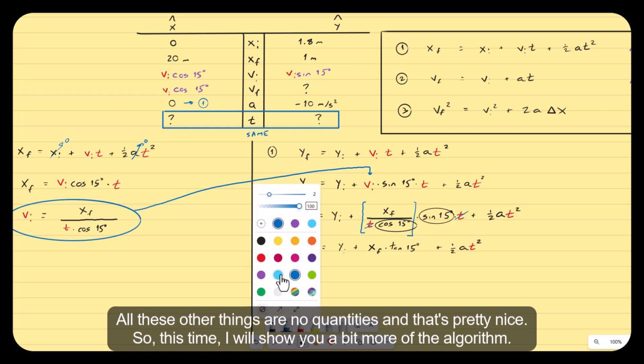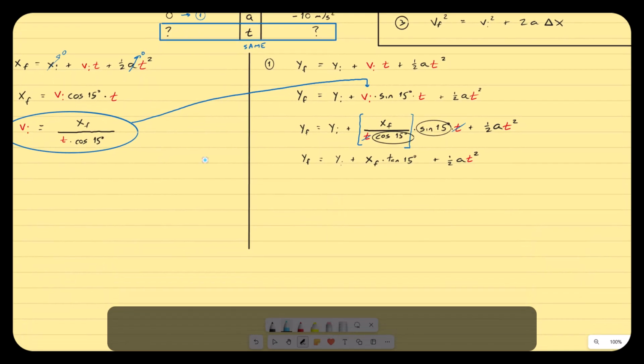So this time I will show you a bit more of the algebra. I'm going to subtract off y initial on both sides. I'm going to subtract off x final tan 15 on both sides.